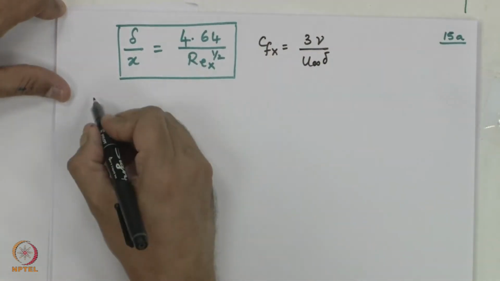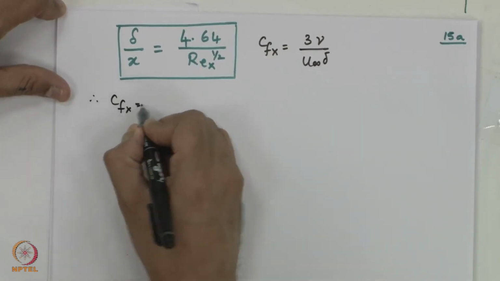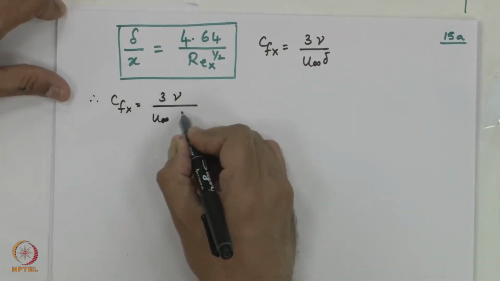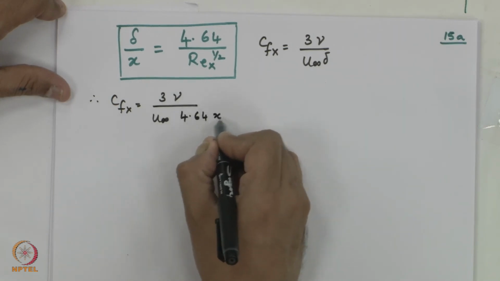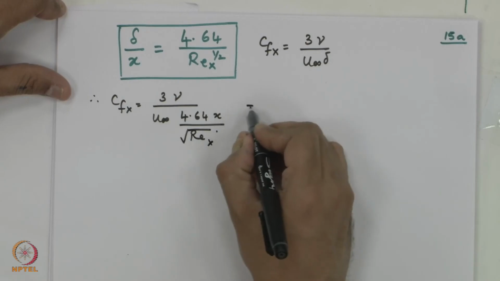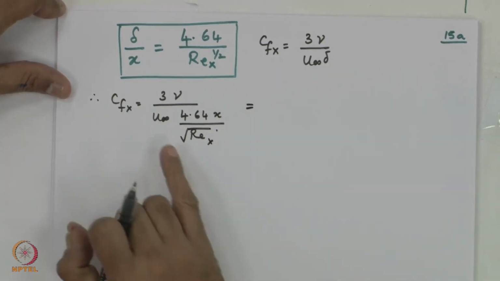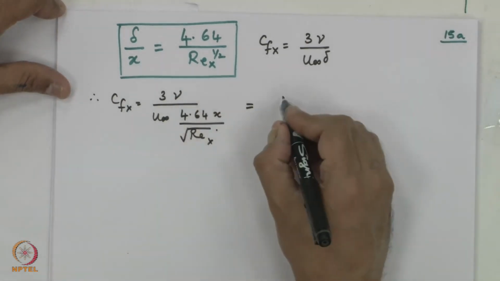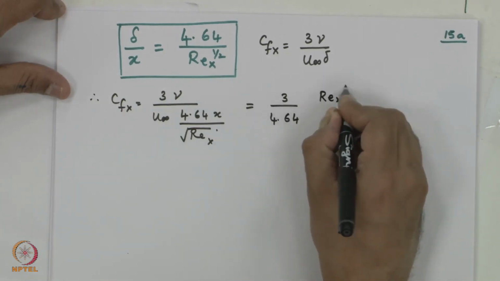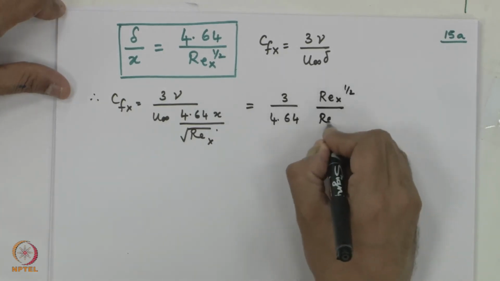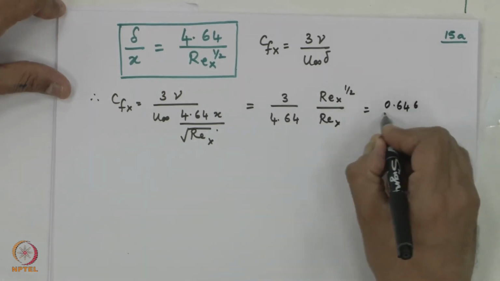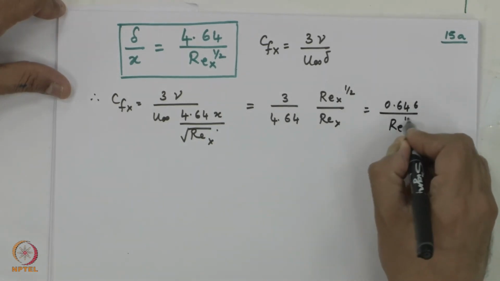Therefore, Cfx comes out to be 3 nu by u infinity times delta, which is 4.64 x by Re to the power 1/2. This is a Reynolds number, u infinity x by nu. So it is 3 by 4.64 Re to the power half divided by Re local. This comes out to be 0.646 divided by Re to the power 1/2.